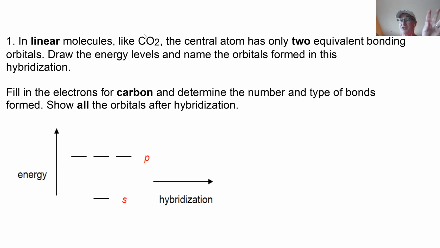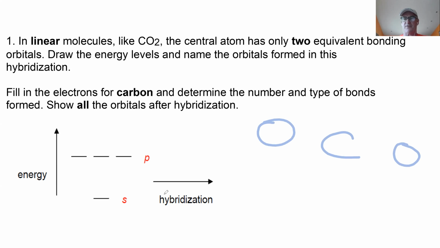This first question, actually, I'll go over it with you because it gives some really important stuff that we're going to learn a little bit later. So, linear molecules. Let's first draw CO2. You should be able to draw CO2 in your sleep at this point, hopefully. Carbon goes in the middle, oxygen on this side, oxygen on this side.